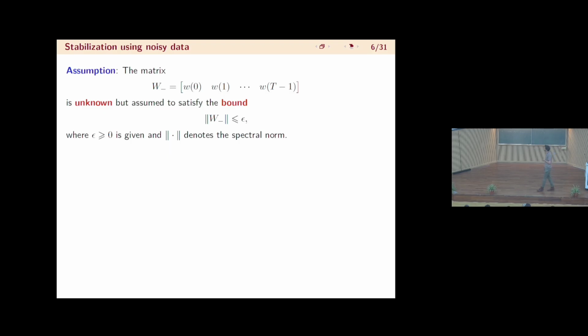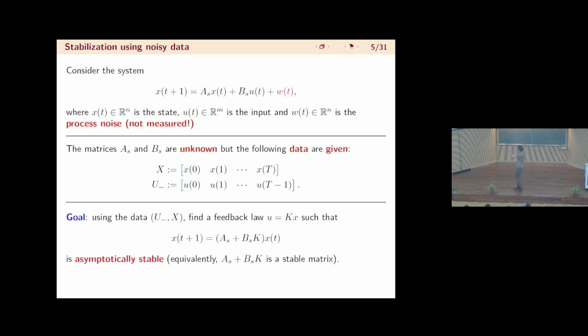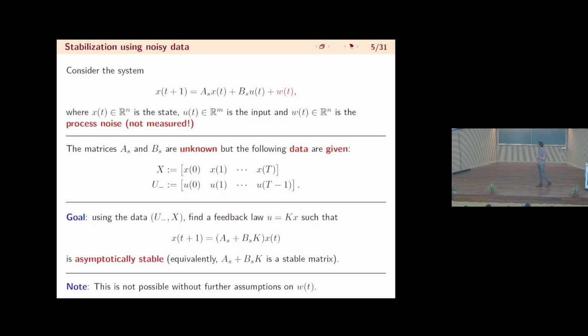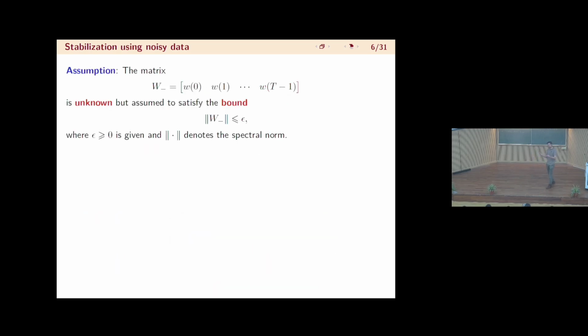That's actually a good question, whether the model class also changes, because indeed we do restrict the W in this case. So you could also say that the model class is all these systems where the W satisfies this bound. That's a good point. And also, as we'll see, that affects the set of explaining systems, because there the bound on the noise also comes into play.